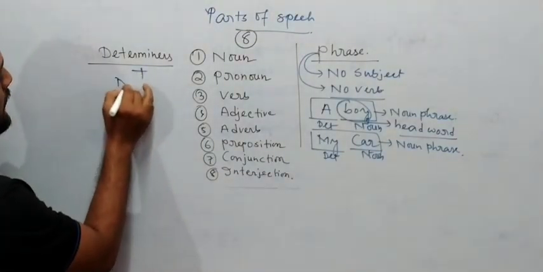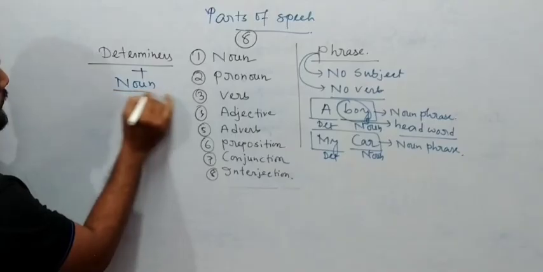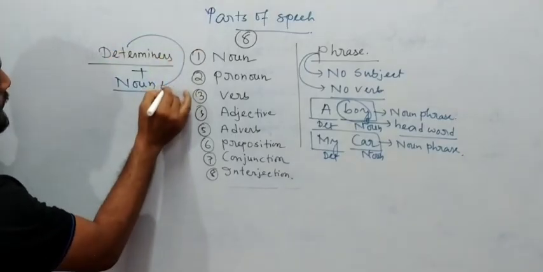Also remember, after determiners we have to use what? A noun. Always after determiners a noun will come.